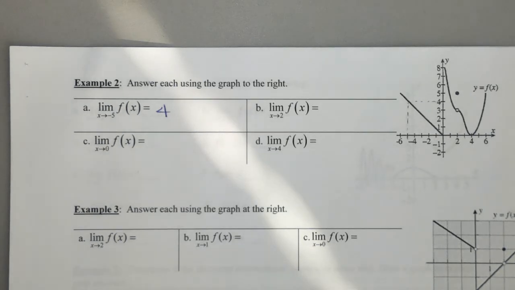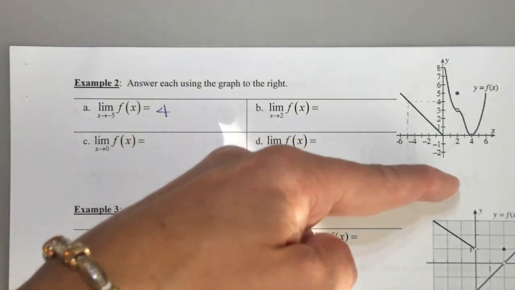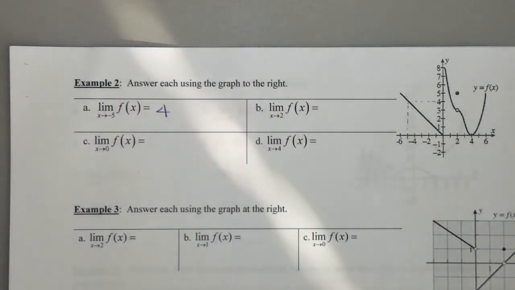Question. Let's look at C. The limit as x approaches 0 from the left. What do you get? From the left? 0, but from the right, there is no limit. It doesn't exist. Or you could say what? Anyone know?